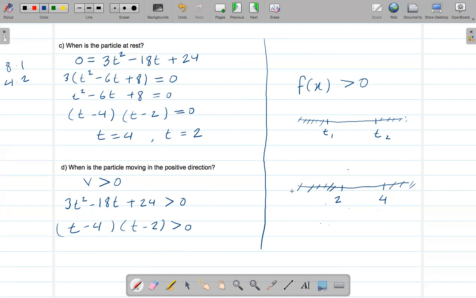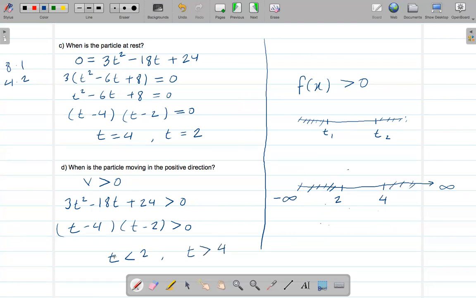If you go to the left-hand side, it goes to negative infinity, and to the right, positive infinity. So the velocity is positive when t is less than 2, because that region is less than 2, or when t is greater than 4.